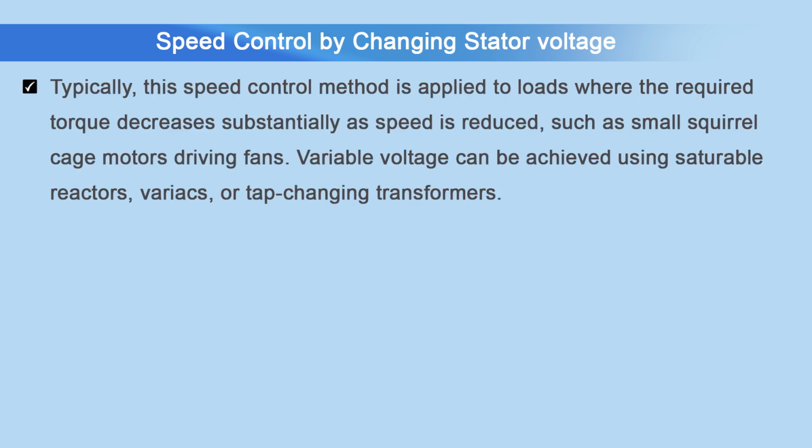Typically this method of speed control by changing the voltage is applied to loads where the required torque decreases substantially as the speed is reduced, such as a small squirrel cage motor driving a fan. Variable voltage can be achieved by using saturable reactors, variacs or tap changing transformers.